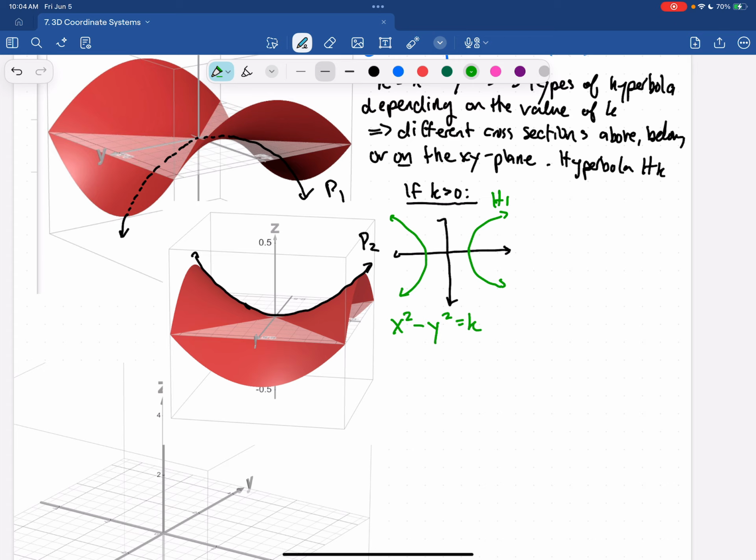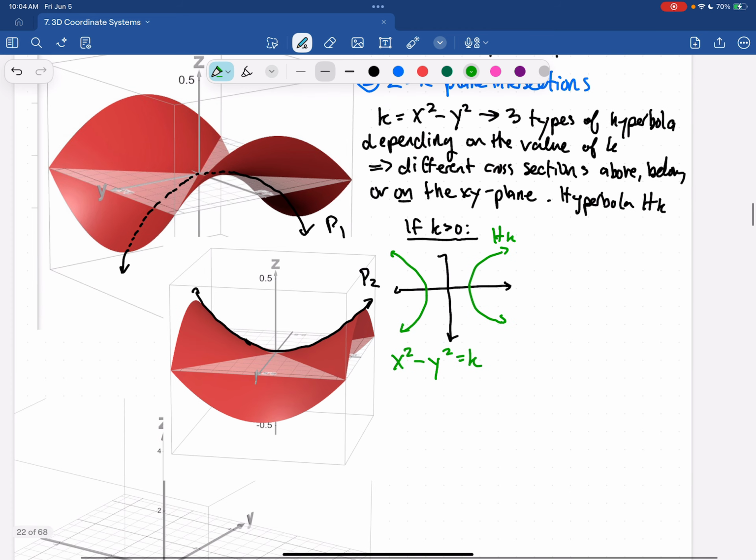So for this one, that's our HK. If we were to add that on top of the existing graphs here, that would be HK like this. So it's opening up along the x-axis. It's maybe like that for k positive.